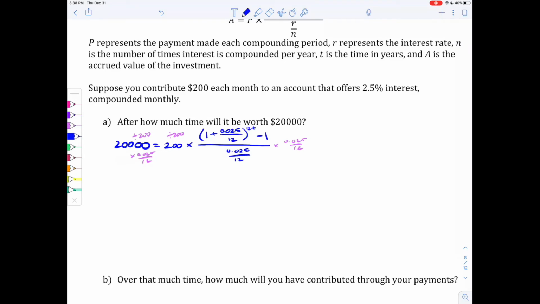So 20,000, we divide by 200, we multiply by 0.025, and that gives me 2.5, so this side will be 2.5 over 12, but as a fraction, we're looking at 5 over 24.